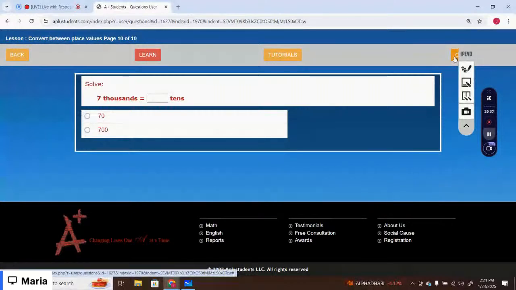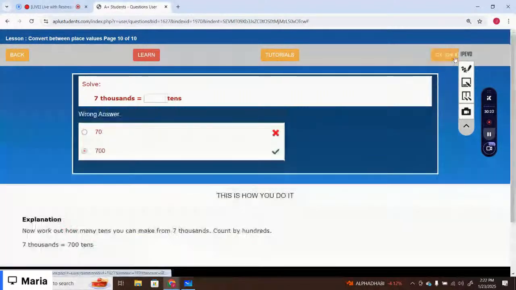7,000 is equal how many tens? That is 70 tens.